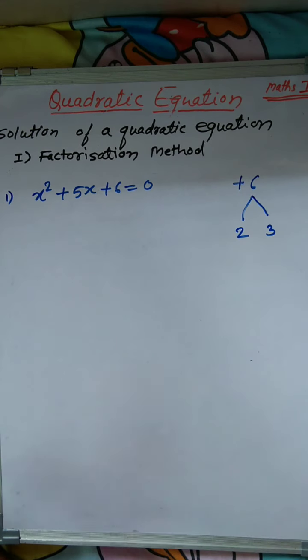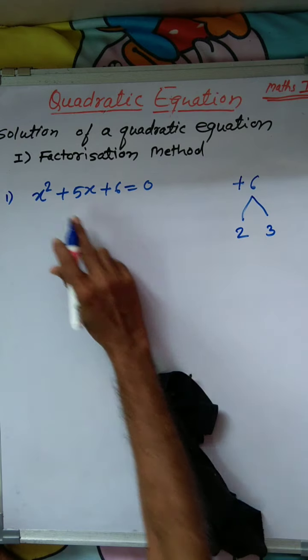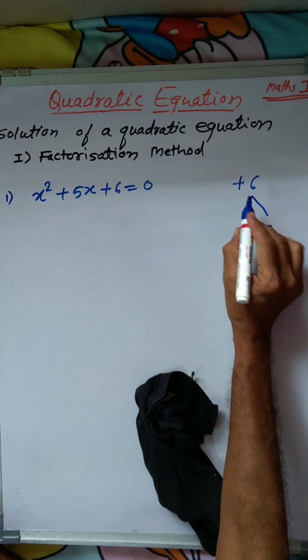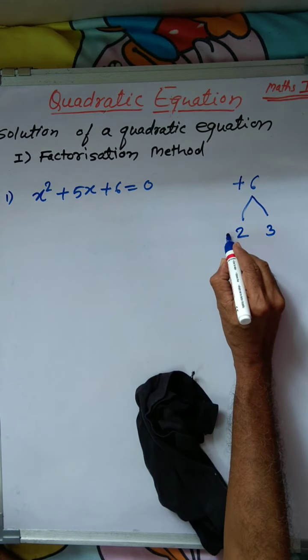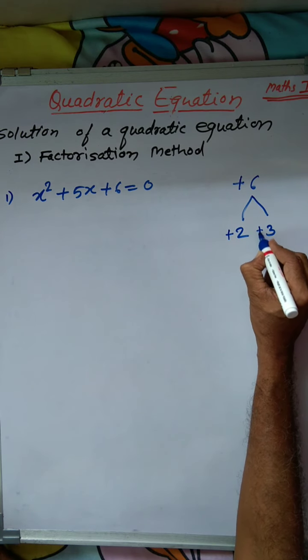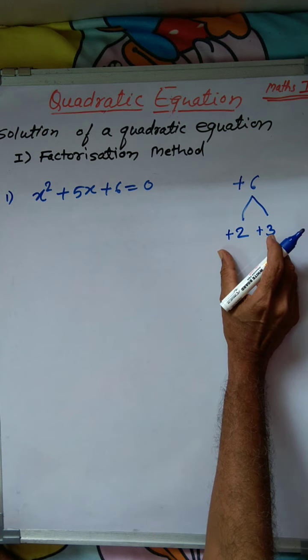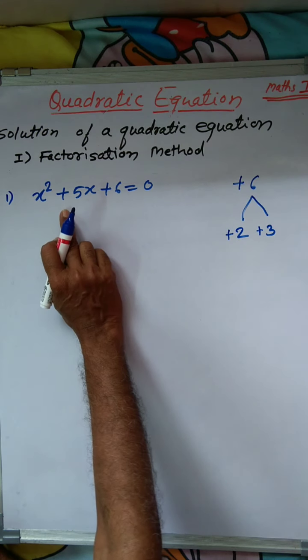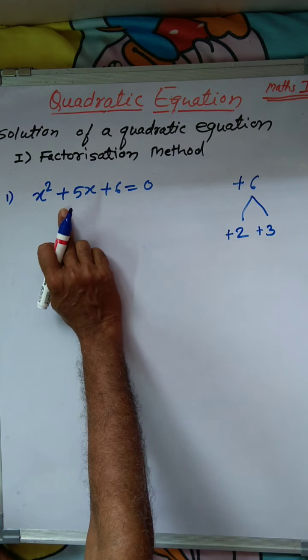The sum is plus 5. That means the sign of both numbers is the same, positive, because the sign of the middle term is positive.